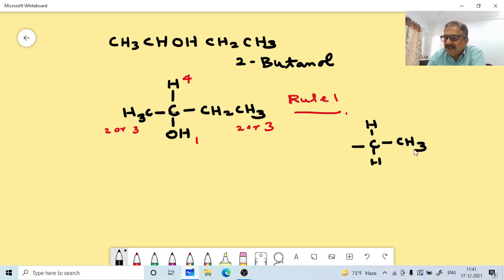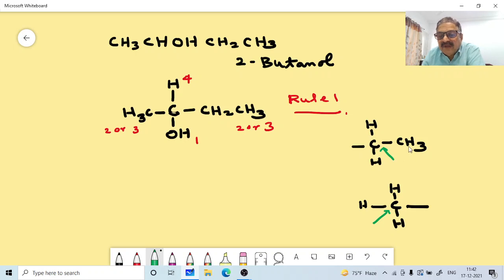Out of these two, which will have priority number 2? That is what you have to see. This carbon is bonded to 3 hydrogen atoms, and the other carbon is bonded to 2 hydrogens and 1 carbon.